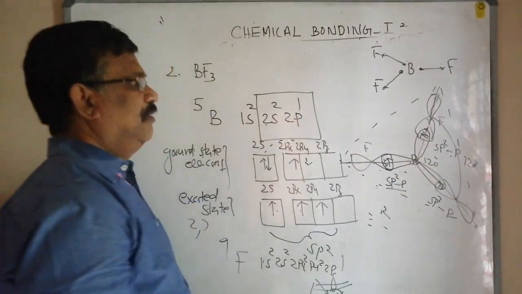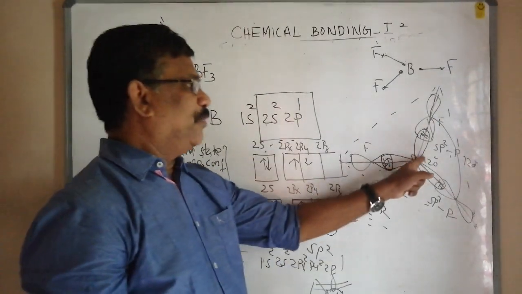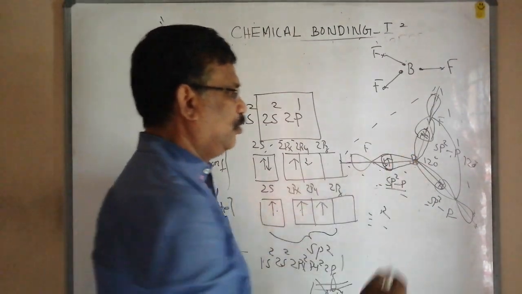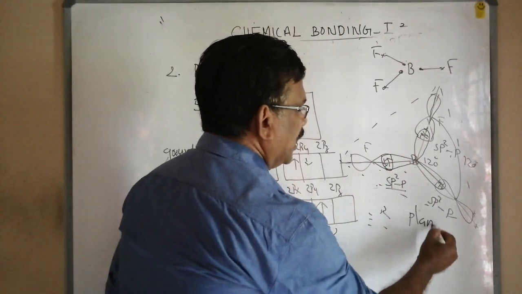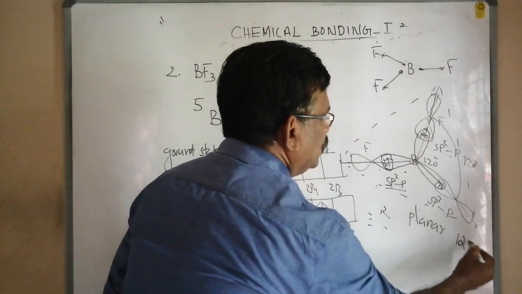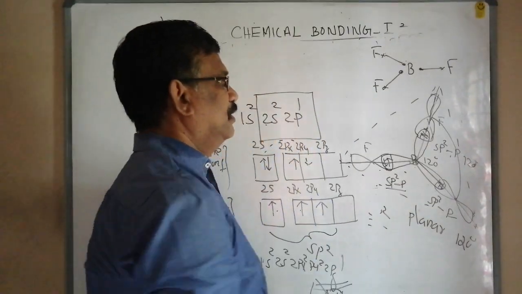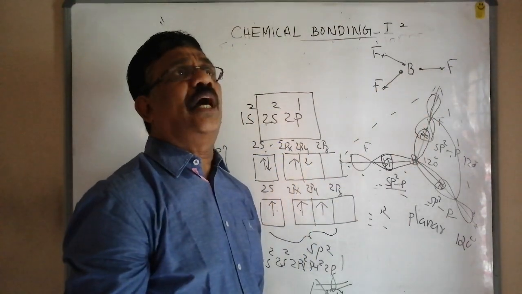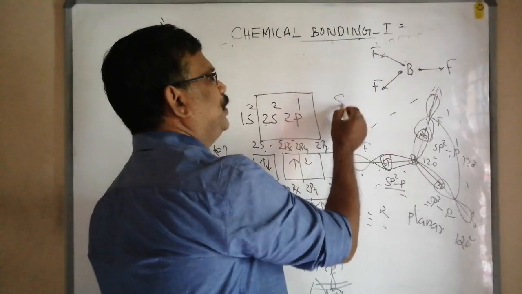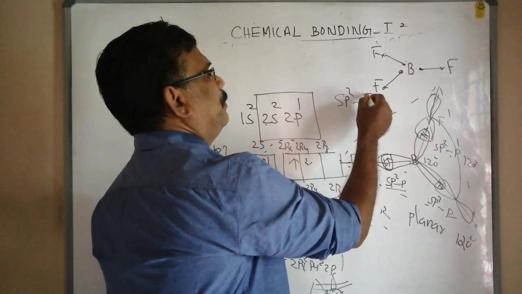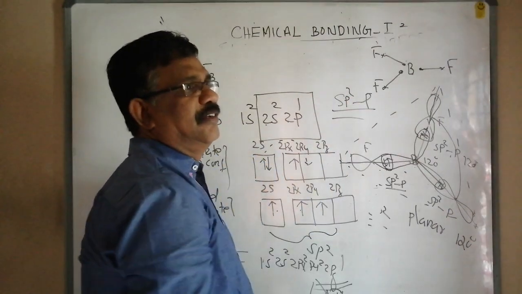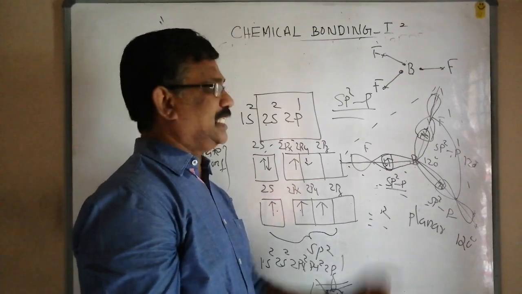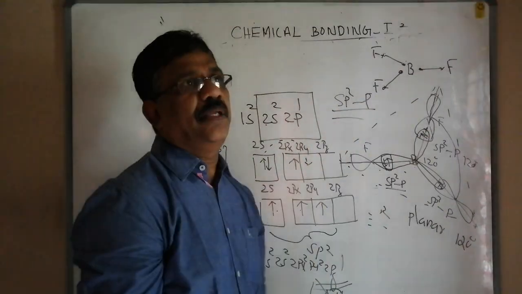So which hybridization does boron undergo? sp2 hybridization. The shape is triangular planar, bond angle 120 degrees. In BF3, the BF covalent bond is formed by which overlapping, according to VBT? sp2-p overlapping. We discussed ss, sp, pp, sp3-s, and this is sp2-p overlapping.